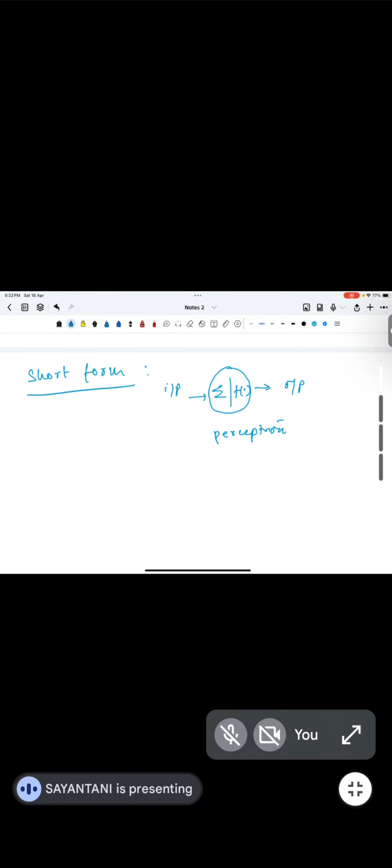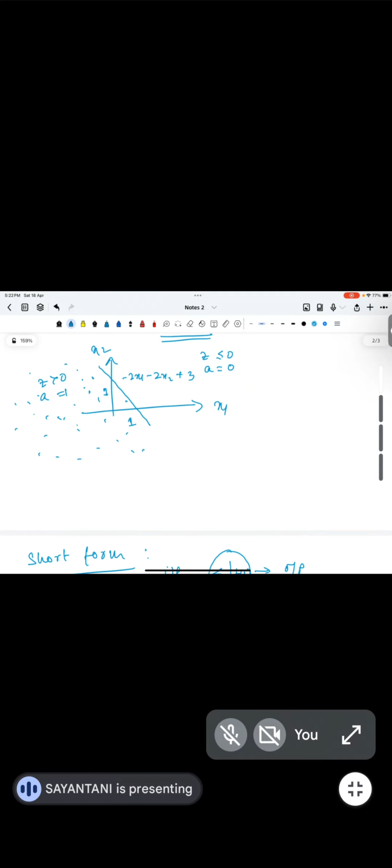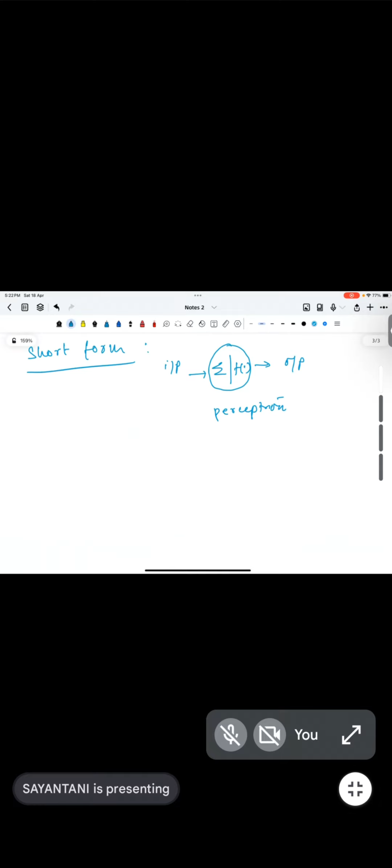Now the question is, the diagram I showed right now is a very simple diagram. With one straight line, you can easily separate out two sets of data points. But if the data points are scattered in such a way that one single line cannot separate them easily, then how to do it?